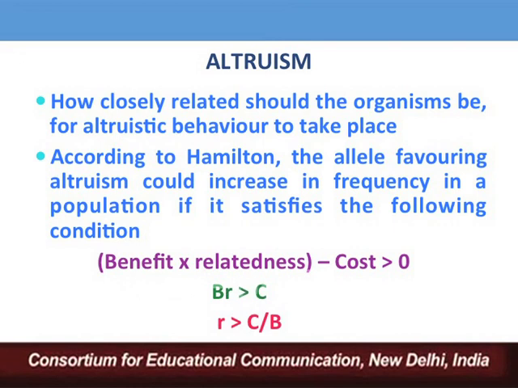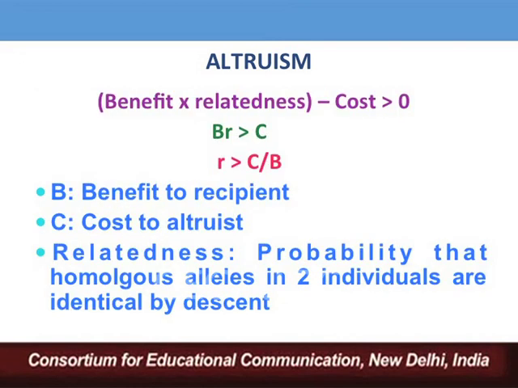If B is benefit and R is relatedness, then BR minus C should be greater than 0. That is, BR should be greater than C, and therefore R should be greater than C by B, where B is the benefit to the recipient and C is the cost to the altruist.